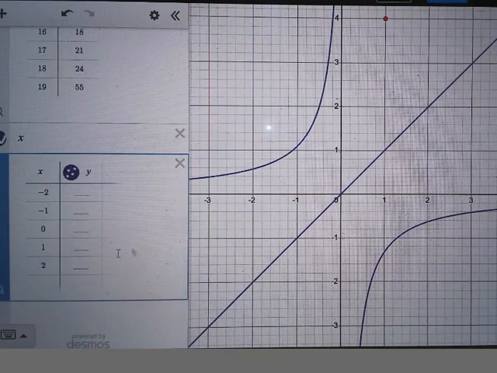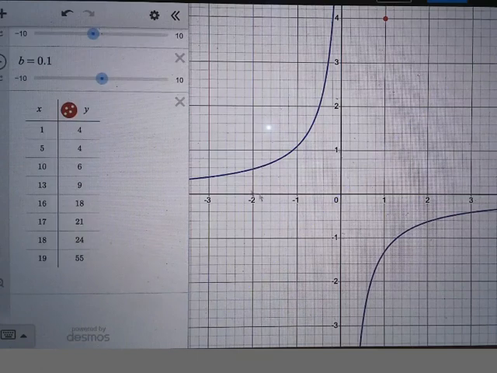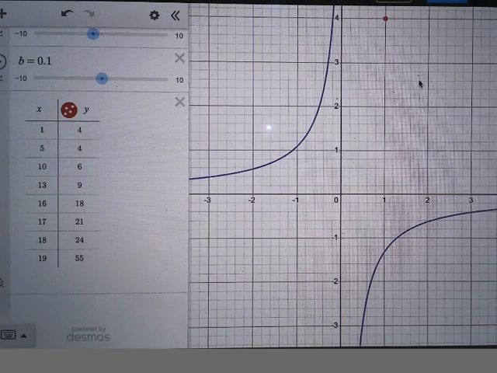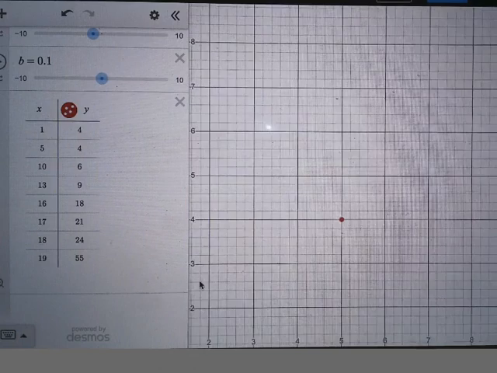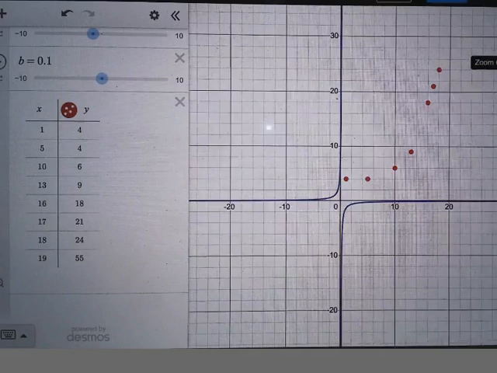So I'm going to get rid of that, and I've plotted the data here, and it's over here, and it's spread out. So I'm going to zoom out so you can see it.